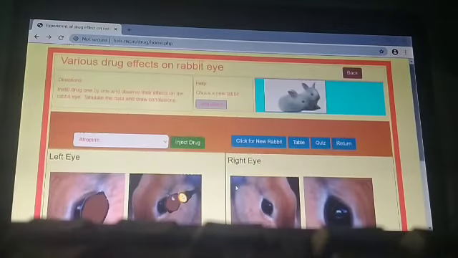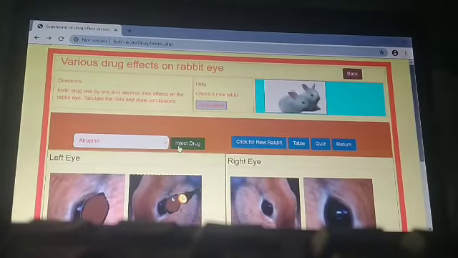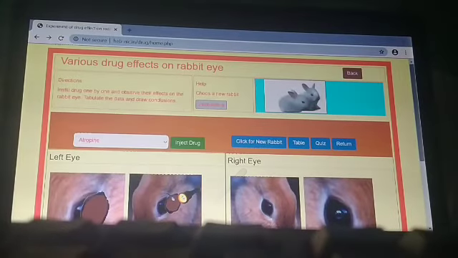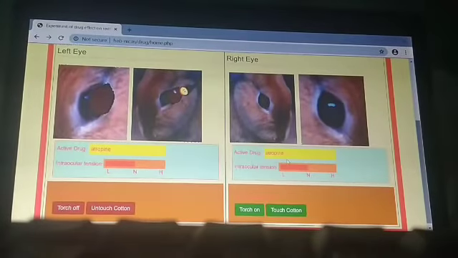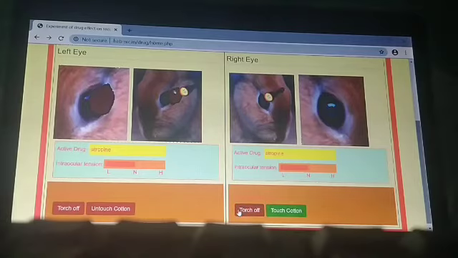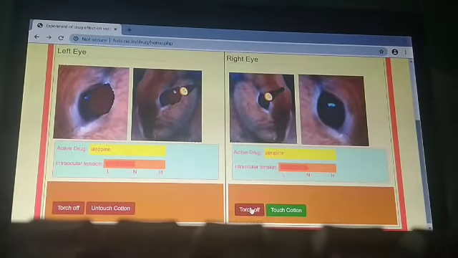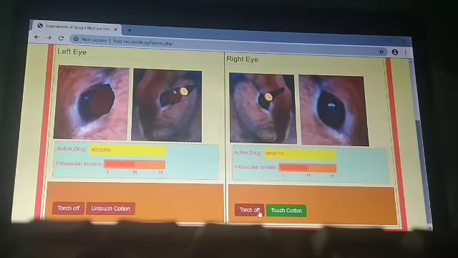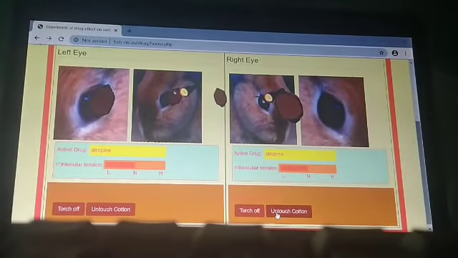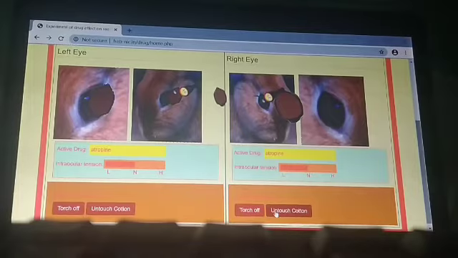In a similar way here also, if we inject atropine in the right eye, then we can see there is no light reflex and there is a corneal reflex.